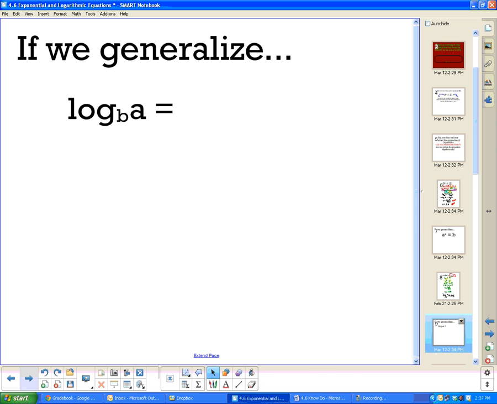I'm going to treat it just like we treated our last problem. I'm going to go with an x there. I'm going to rewrite this as an exponential, b to the x equals a. I'm going to take an arbitrary logarithm, base c, of both sides.